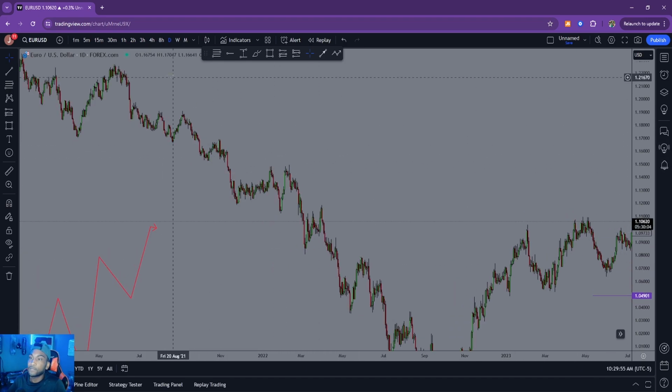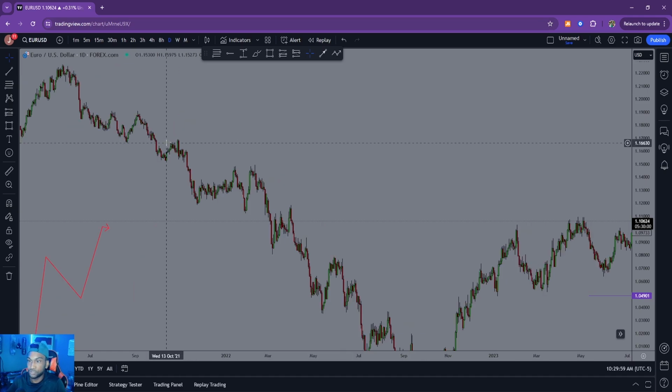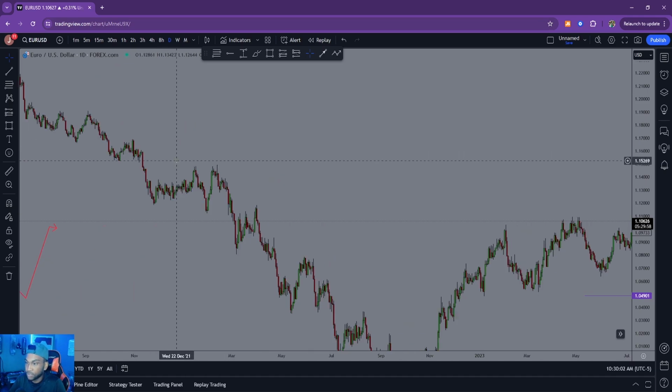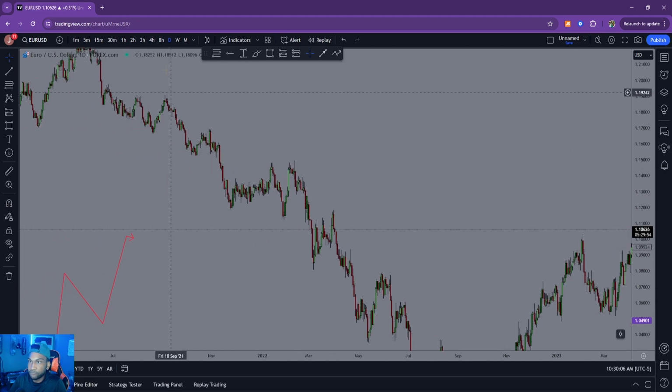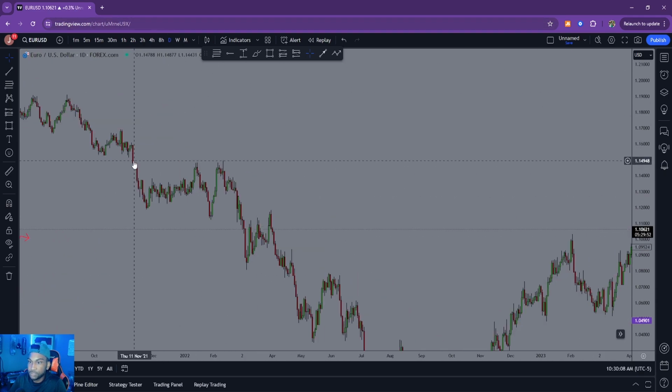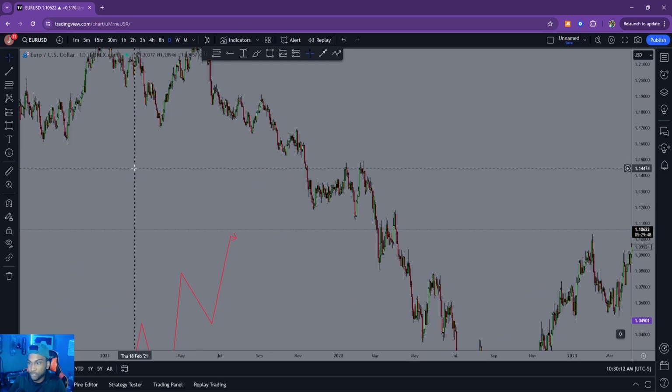The lower the time frame, that's when you start getting into your entries, and there's more detail on the chart. In case you don't know, each candlestick on this time frame represents one day. The next candle is another day, and the next candle is another day.